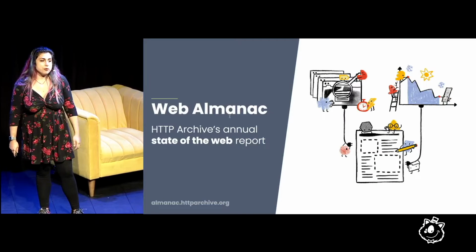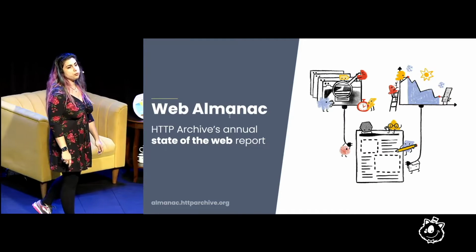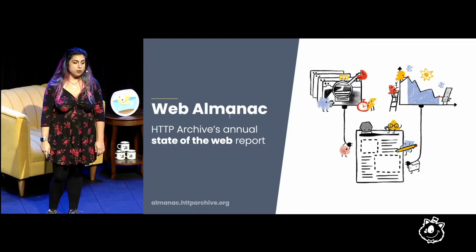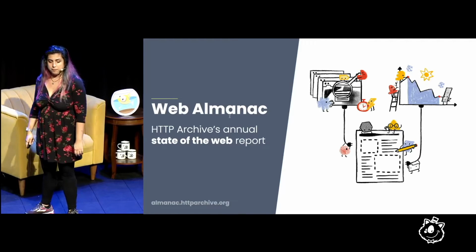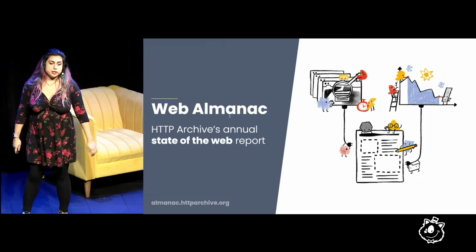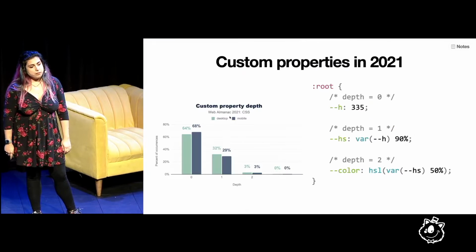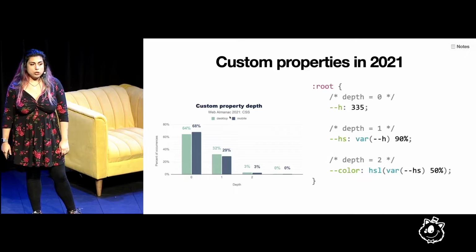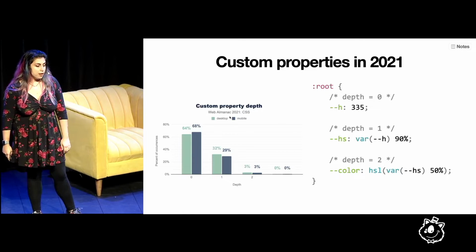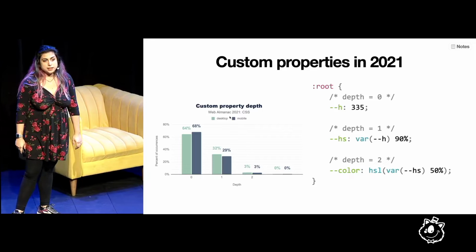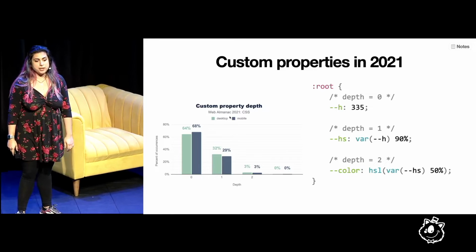The idea for this talk came to me 2 years ago when I was working on the CSS chapter of the Web Almanac. We looked specifically at how people were using CSS variables in the wild. And what we saw, as I suspected, is that most uses of CSS variables in the wild are still fairly basic.